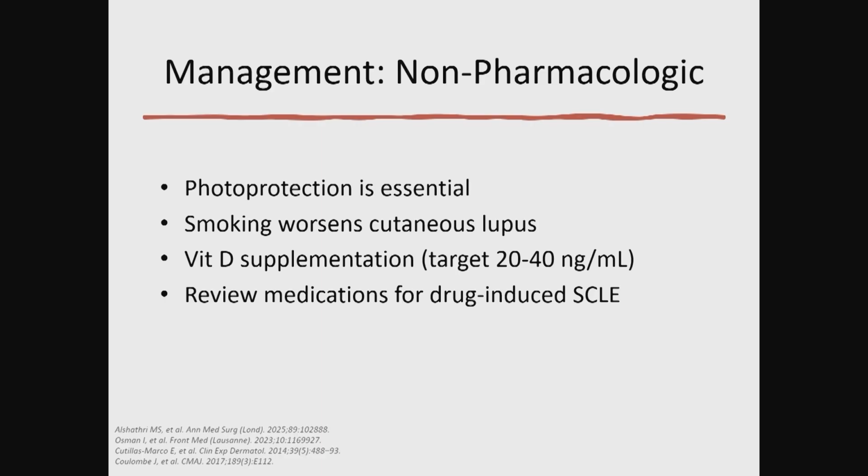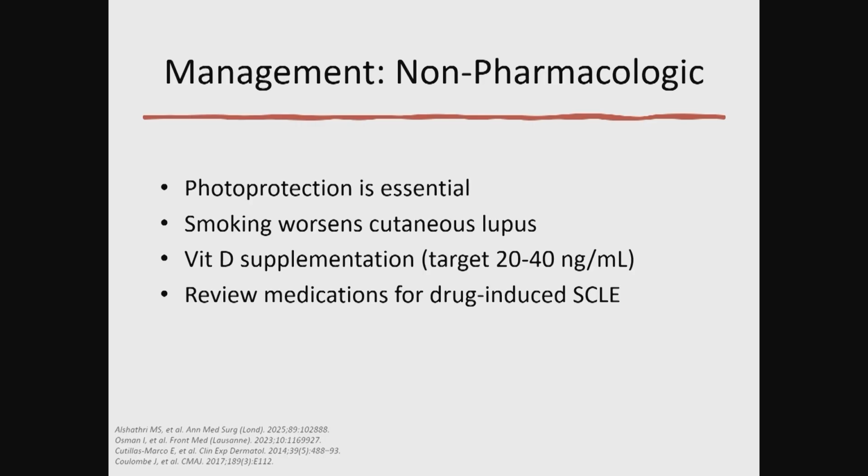There was one trial from 2014 in Spain. It was a small study that looked at individuals with cutaneous lupus who were vitamin D deficient. They randomized them, 2 small groups, to repletion or no repletion. And what they found was that when they repleted the vitamin D level, it helped control the immune system better, which makes sense.